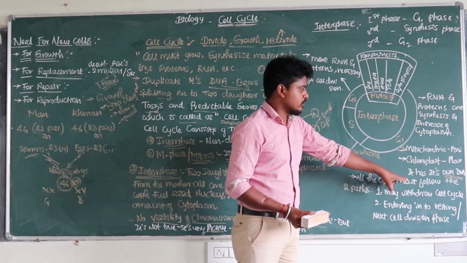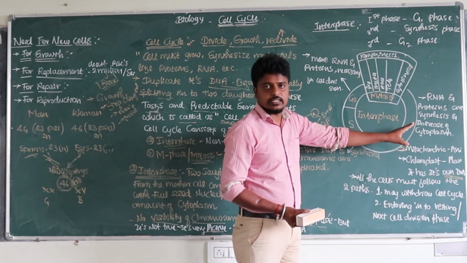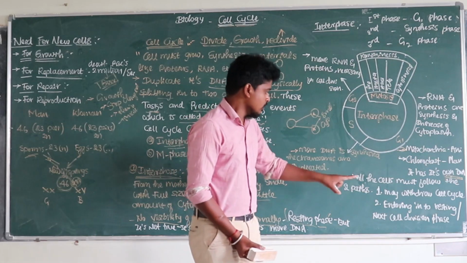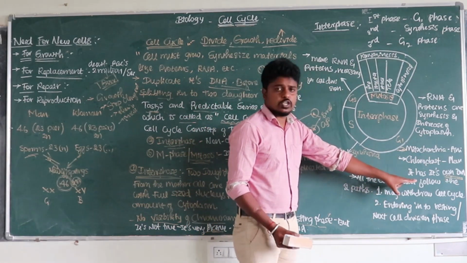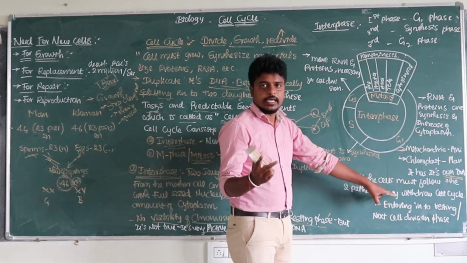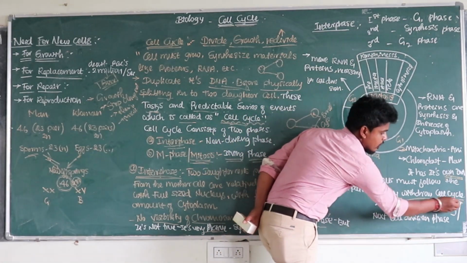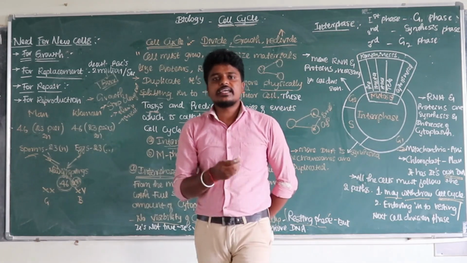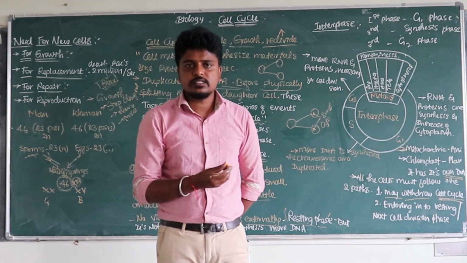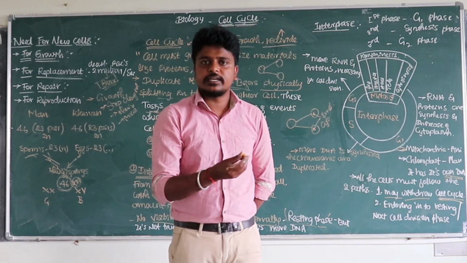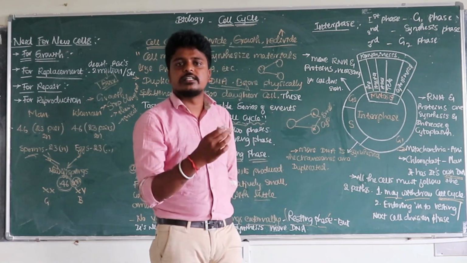All the cells that enter into the G1 phase have two chances. All the cells must follow two paths. Either they may withdraw from the cell cycle, if there are any weakened cells, meaning low strength cells. If they can't participate in the cell cycle, they can withdraw from the cell cycle.